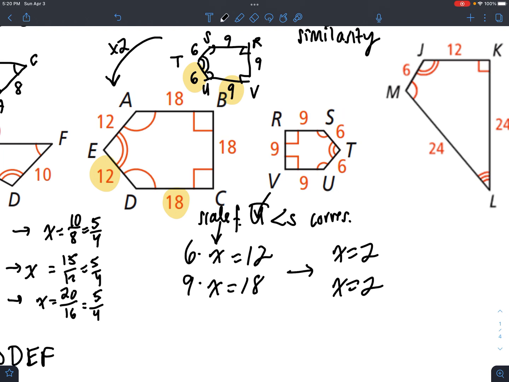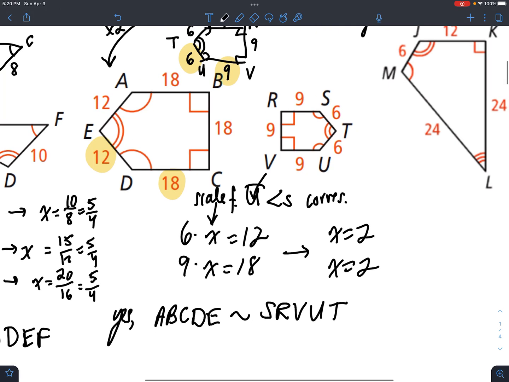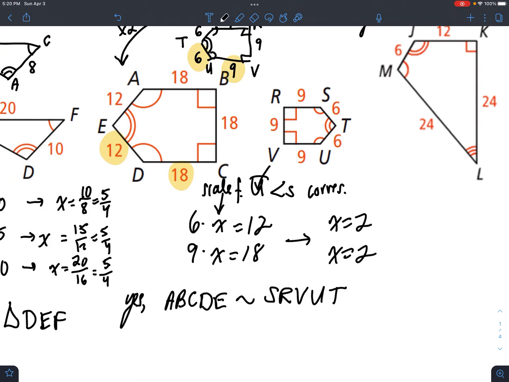So I think there's more than one correct answer for this, but if you want to say that A, B, C, D, E, based on our drawing, should be S, R, V, W, T. And that is consistent with what I wrote in the answer key. But there's also more than one choice.